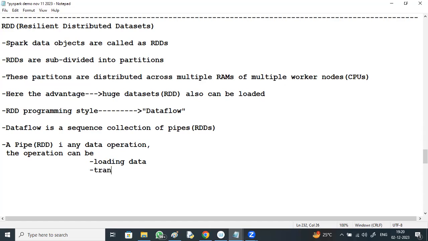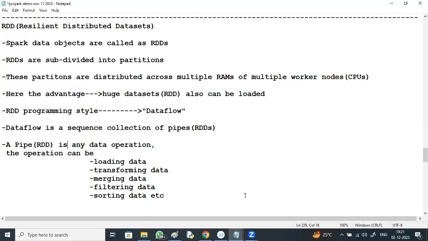Transforming data, merging data, filtering data, sorting data, etc. So at each data operation in a pipe, transformation, merging, filtering or sorting will be done.